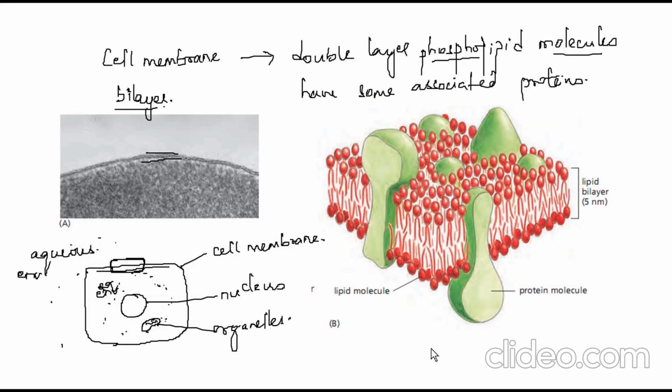Another thing to note down: this lipid bilayer structure has the outer polar charged head group, which is hydrophilic in nature, and the fatty acid tail, which is hydrophobic in nature.